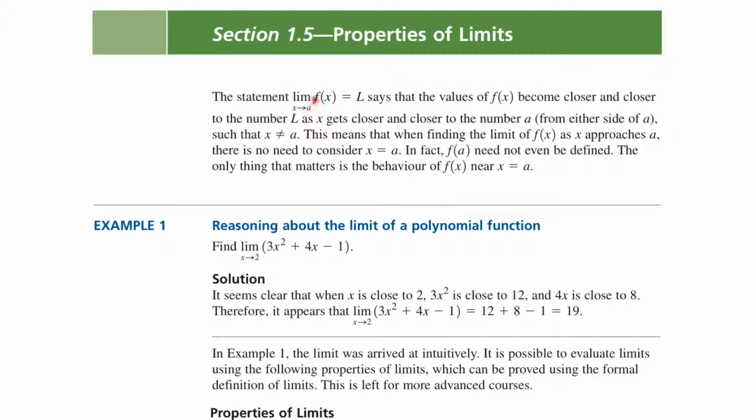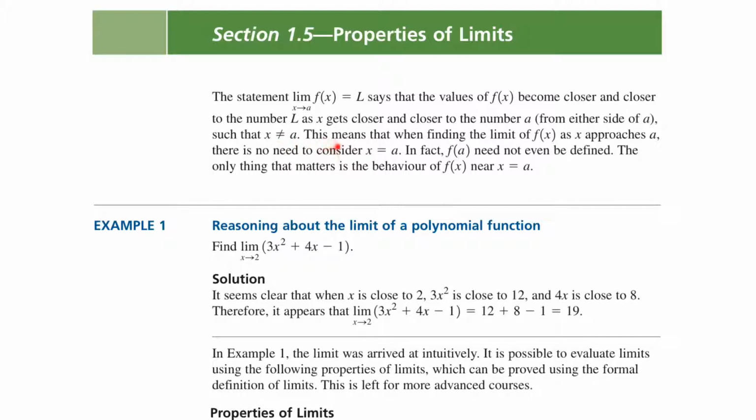We know the statement limit of f of x as x approaches a equals L means the value of f of x becomes closer and closer to the number L as x gets closer and closer to the number a from both sides, and also x is not equal to a.